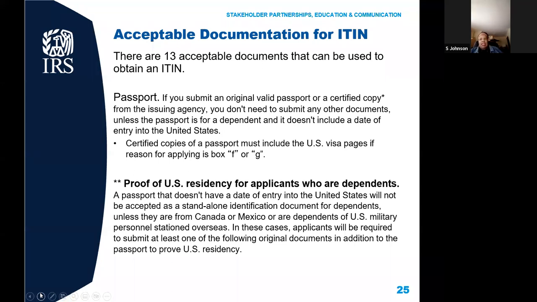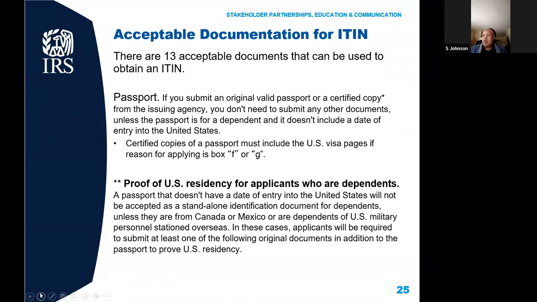If the person is 18 years of age or older, they still can use a school record, rental statement from a United States property, a utility bill for a U.S. property, or a U.S. bank statement, U.S. state identification card or driver's license that lists the applicant's name and U.S. address, or a U.S. visa.